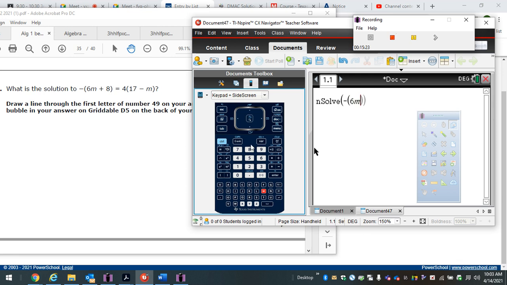They put m, I'll put m. Plus 8 equals 4, parentheses, 17 minus m, comma, m, negative 38.